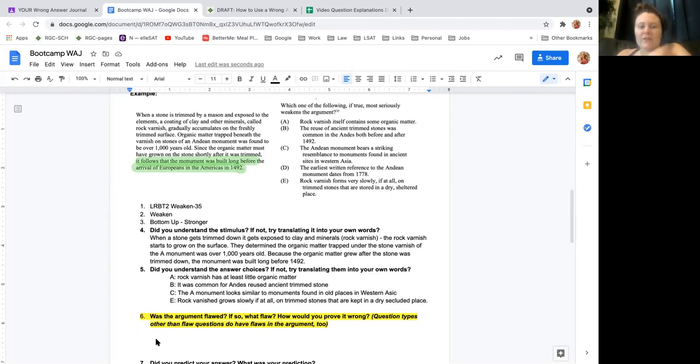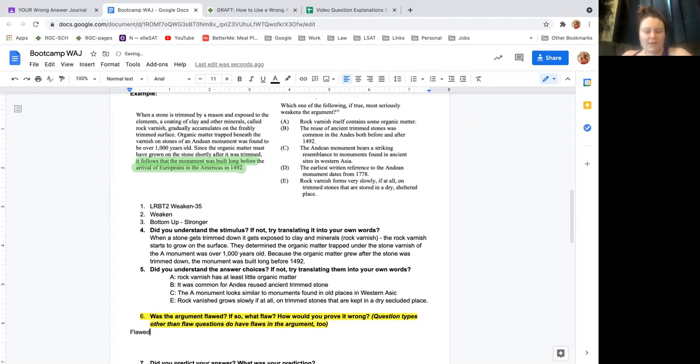So I want to know, is it 100% certain that the monument was built long before the arrival of Europeans in the Americas? I'm going to say yes, this argument is flawed. And then what kind of flaw is going on here? If you don't have all the flaws memorized, that's totally fine. But I'm going to say that it's flawed.